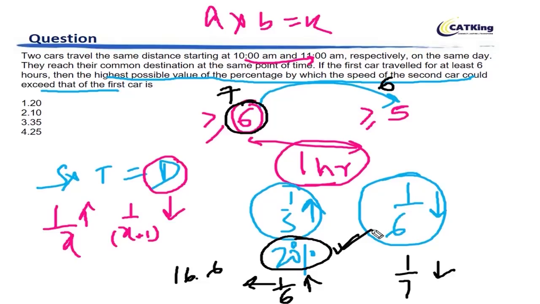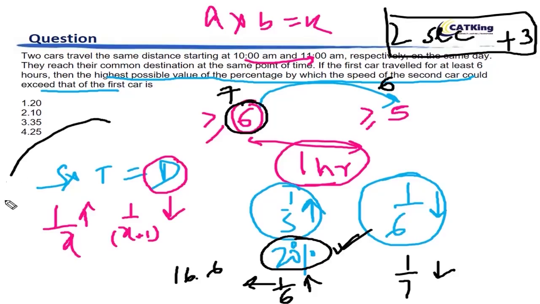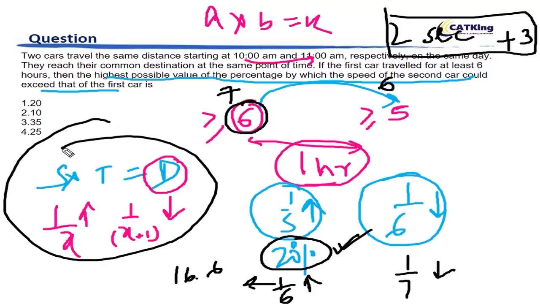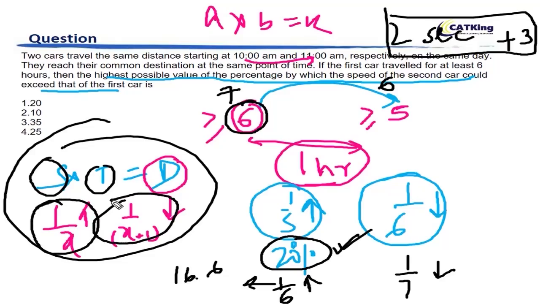A brilliant question from CAT 2019, a question that takes 2 seconds and gives you +3. Such a beautiful question. I hope you could get this small trick. If there are two variables multiplying to give a constant, if you increase one of them by 1 by x, the other you reduce by 1 by x plus 1.